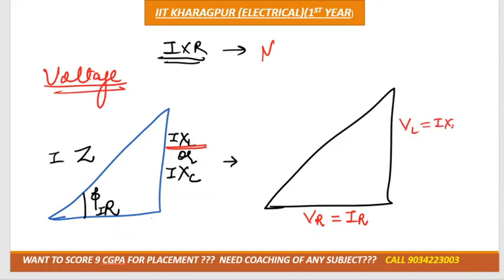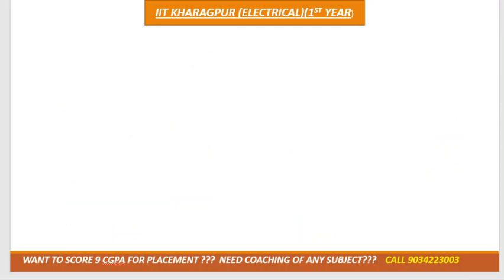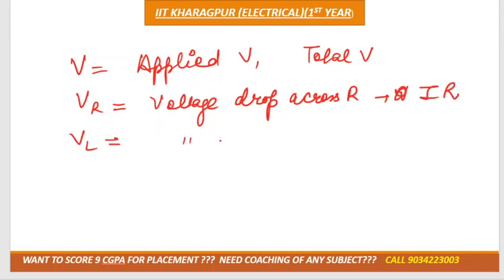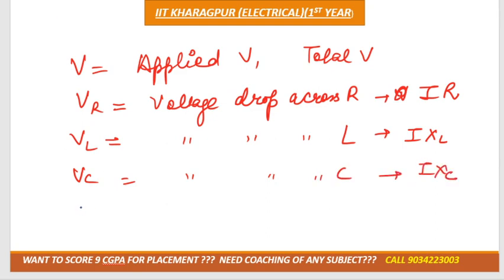So VL is equal to I into XL, and I into Z is the total voltage, with angle phi between them. So remember this formula for numerical purposes: V is the applied or total voltage, VR is the voltage drop across the resistor, that is I into R. VL is the voltage drop across the inductor, I into XL. VC is the voltage drop across the capacitor, I into XC, right?